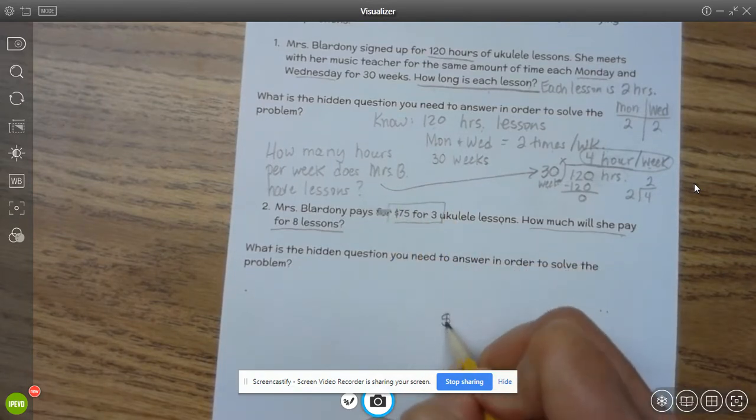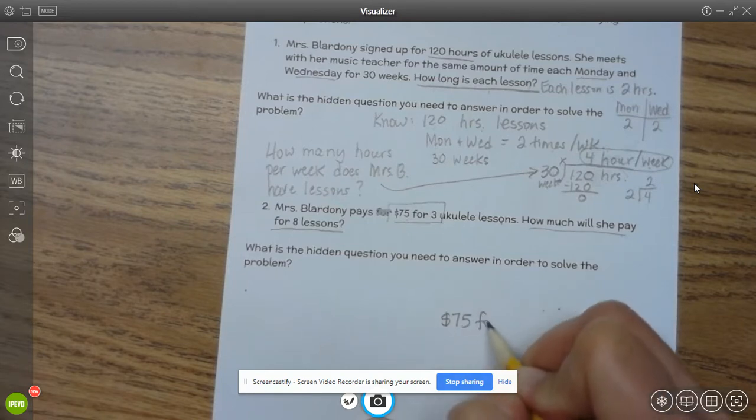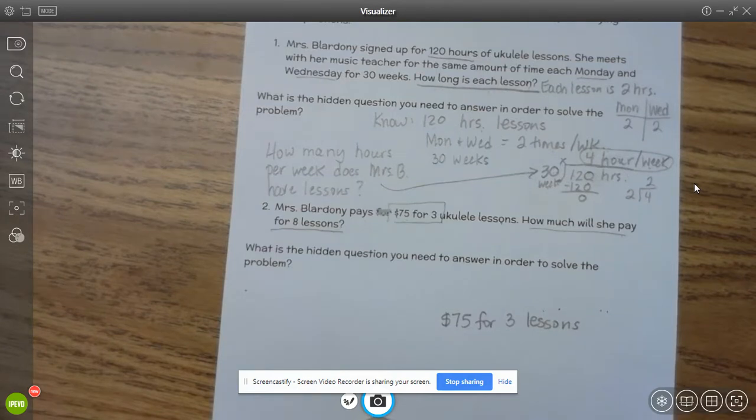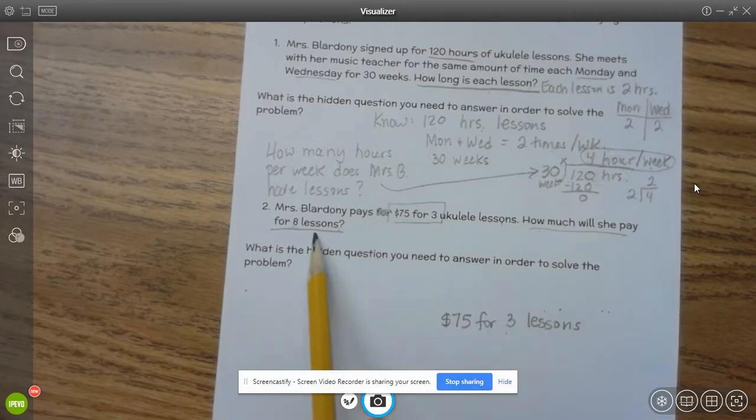That's what I know. Now, if this question was to be easy for me, if this said how much would she pay for 9 lessons, I know 3 is a factor of 9. I can multiply this times 3 and get my answer. But the question is not divisible that way, because I have 8 lessons. I can't say $75 times 3. That's going to give me 9 lessons, not 8.